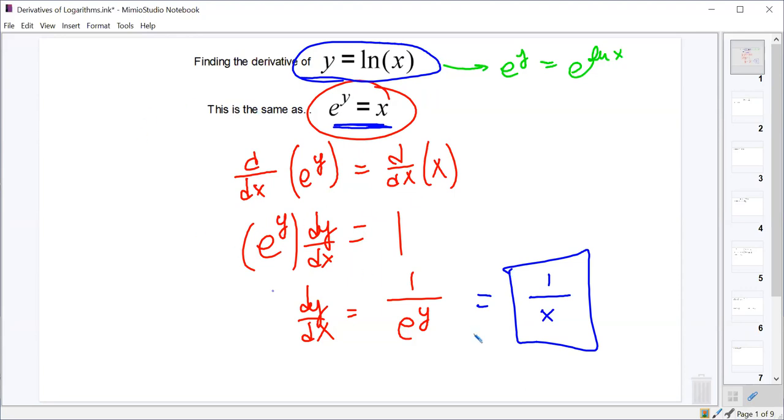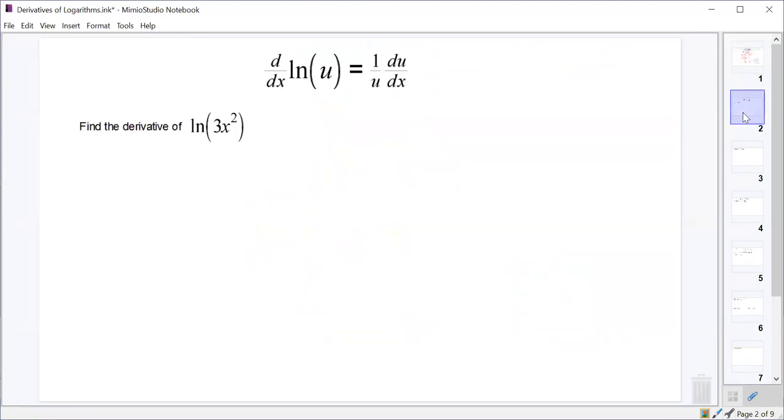So the derivative of natural log of x is just 1 over x. We can apply the chain rule to that. If we had natural log of u, or natural log of a function, what do you think the derivative of that should be? 1 over u, and then times the derivative of u, du dx.